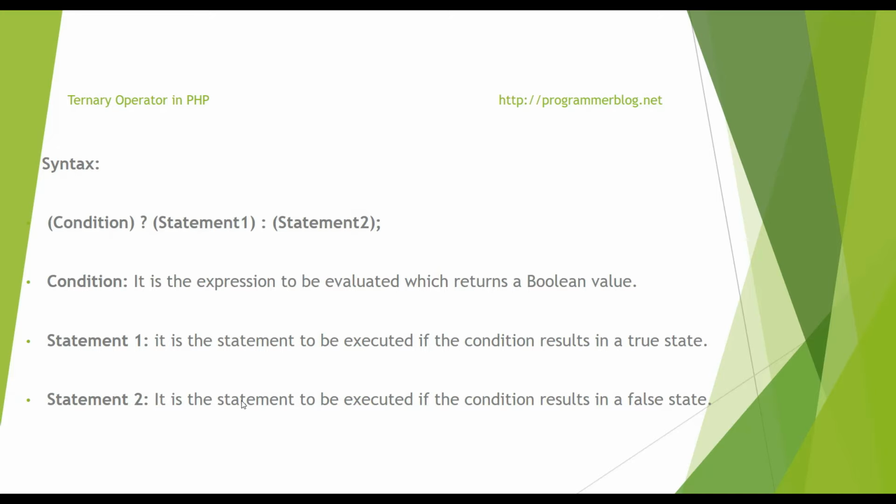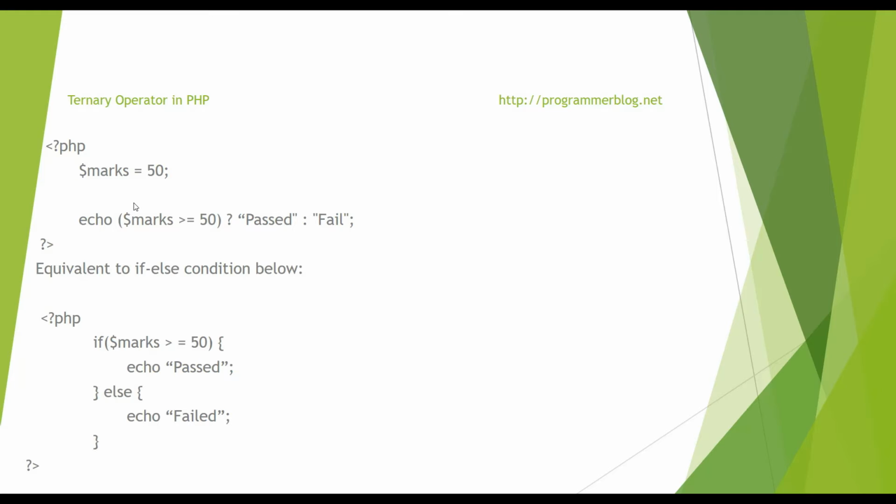Let us see an example code for the ternary operator. In this program, we have a variable $marks whose value is 50. In this ternary operator, we have a statement that checks whether $marks is greater than or equal to 50, then it will print passed. Otherwise, it will print failed.